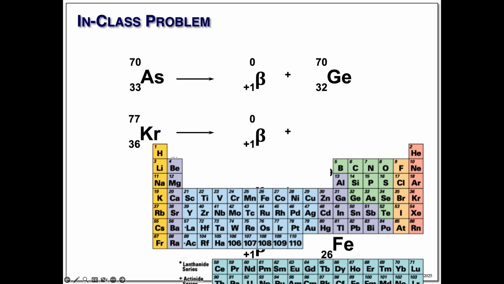We made germanium-70. Then krypton-77 loses a positron. When it does, the atomic number will drop to 35. Mass number will stay the same. We have just made bromine-77.